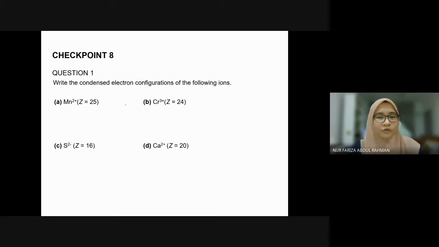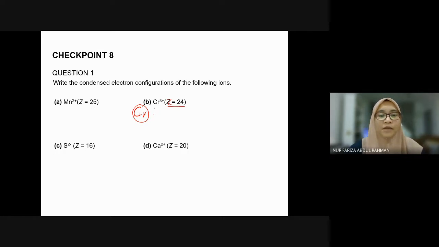For chromium dulu. Okay, so let's start with chromium. Okay, kita nak cepat sikit, kita buat condense terus lah. So chromium, the noble gas would be argon. Betul tak? Argon. So the Z is 24, okay? So this Z is actually representing the atomic number for chromium. Z is the atomic number or the proton number.